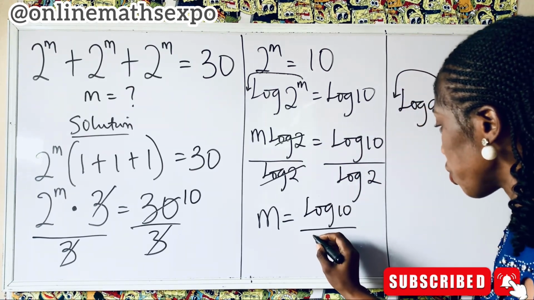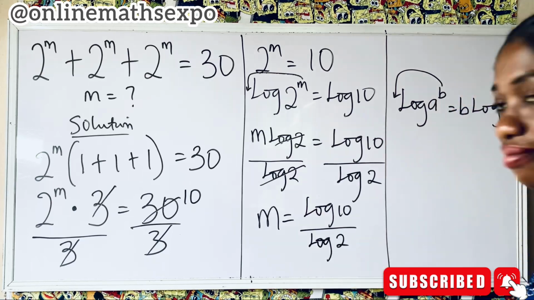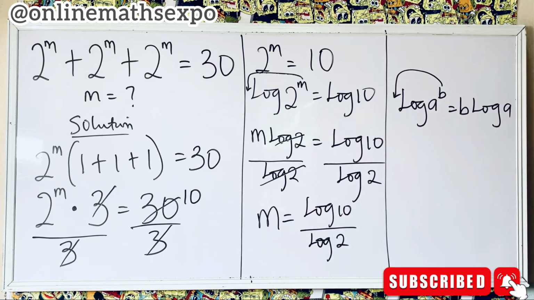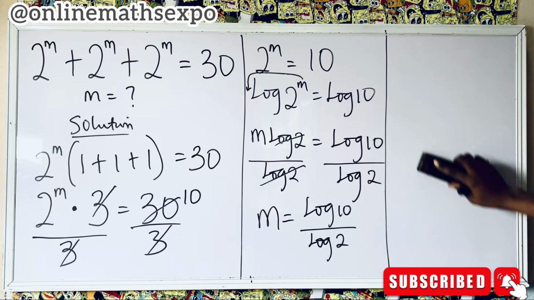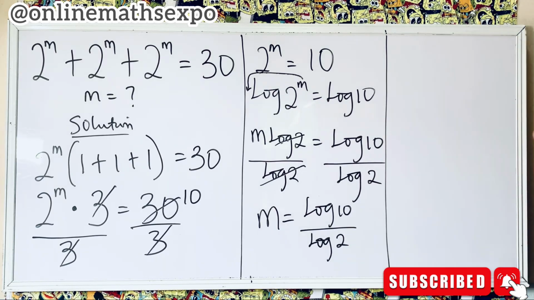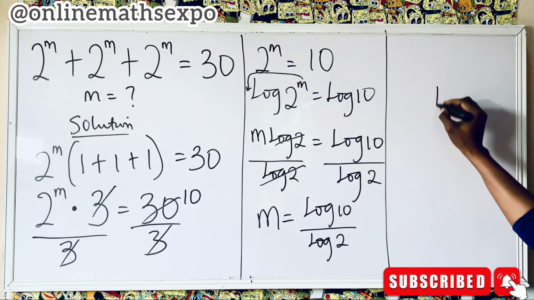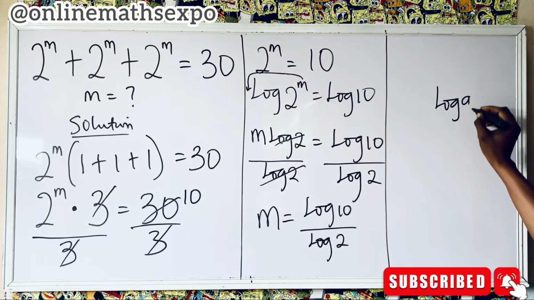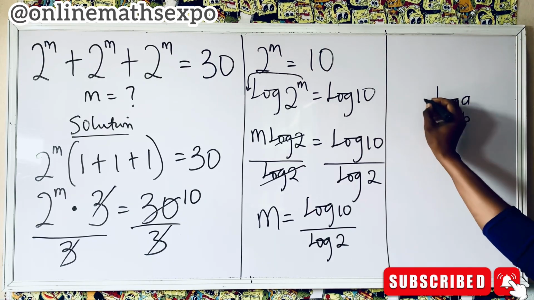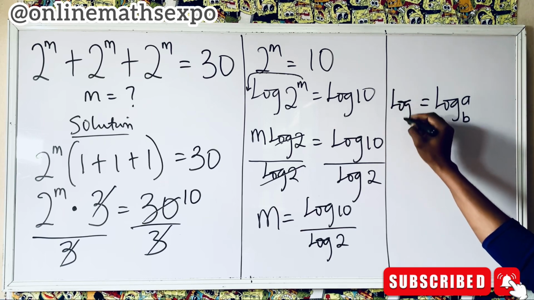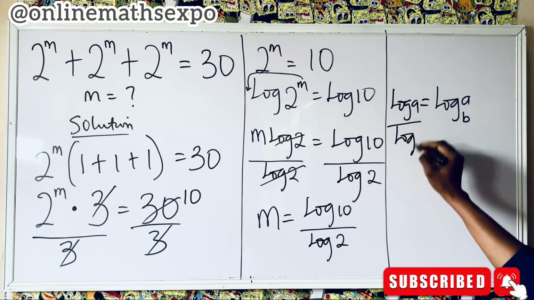So what do you do next? To simplify further, you remember that log 10, remember your rule of log, which says that log a over log b is the same as log a to the base b.